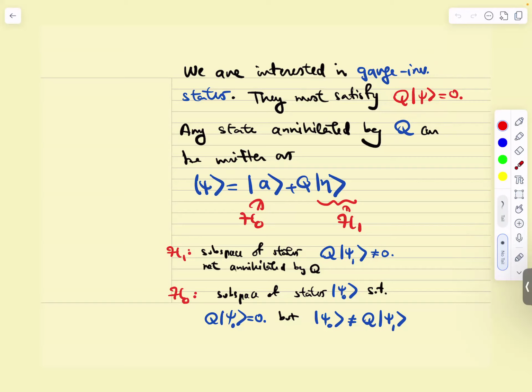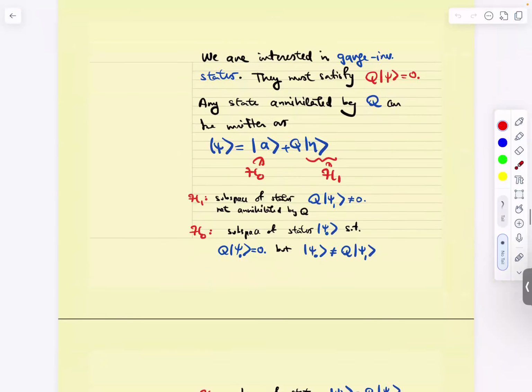Now, any vector psi that is killed by Q can be written in this form. It's either some vector that is directly killed by Q, or it's Q acting on some vector. Just act with Q on this. If Q kills the state, that's 0. And because this term is Q of something, Q squared will give you 0. So this is true. Good.